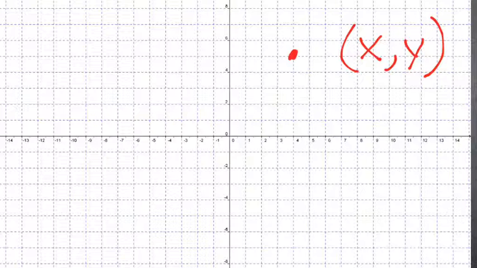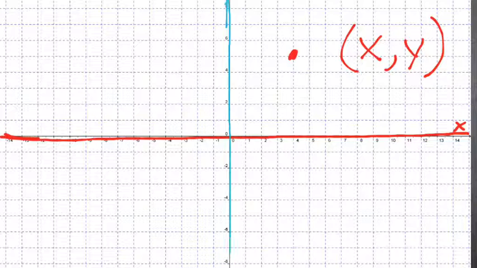This whole bottom line of the coordinate plane, that is your x-axis. Your x-axis is that line right there. This vertical line is your y-axis. There's your x and there's your y.